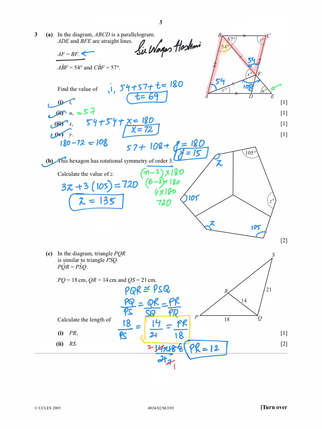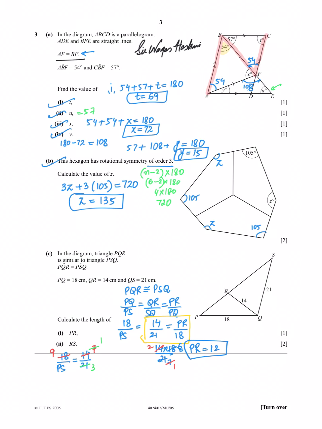For the next part it says RS, right? For RS, at first I need to find the value of PS, right? So for PS I will use the same expression, that 18 divided by PS is equal to 14 divided by 21. And if I simplify here, 2 nines are 18 and 2 sevens are 14. Similarly, 7 ones are 7, 7 threes are 21, right?